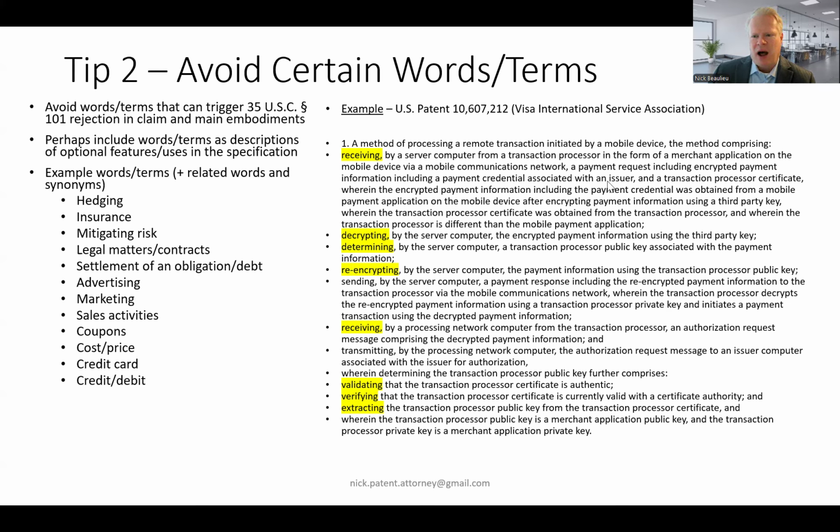But if you look at the steps: receiving, decrypting, determining, re-encrypting, receiving, validating, verifying, extracting. These are all very technical terms. So unlike that Bilski case, where they didn't have any technology in the claims, this is clearly focusing on the technology to implement this.